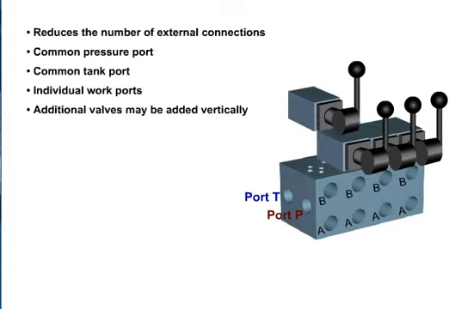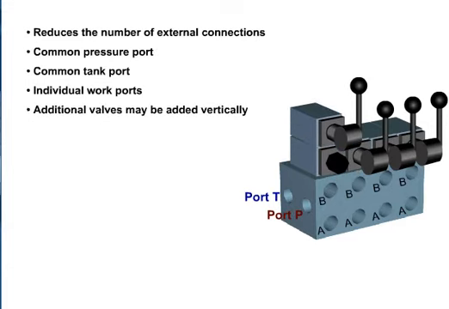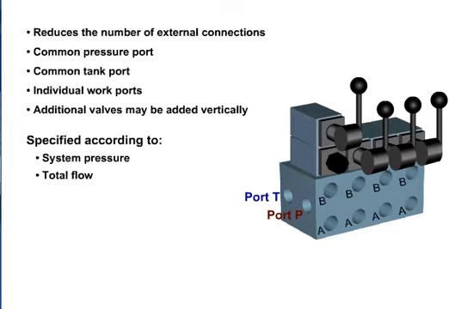At each station, additional control valving may be added by sandwiching or stacking the valves vertically. This is accomplished without any external connections. Manifolds are specified according to system pressure, total flow, number of workstations, and valve size or pattern.